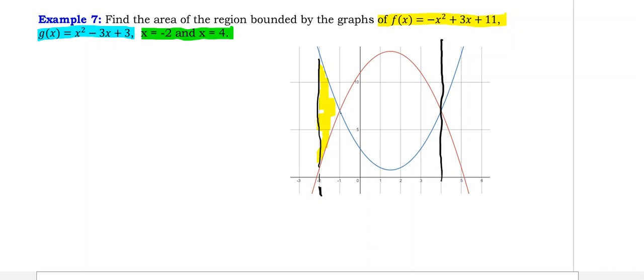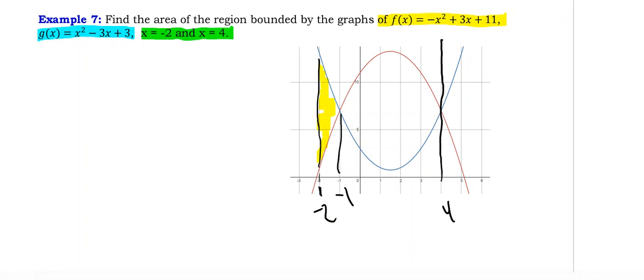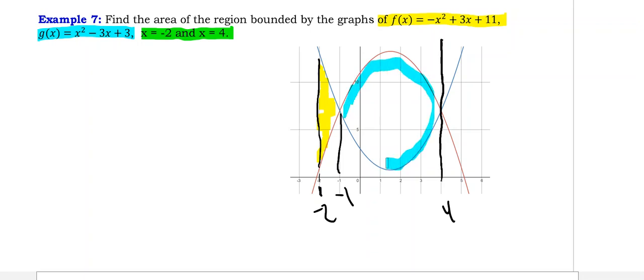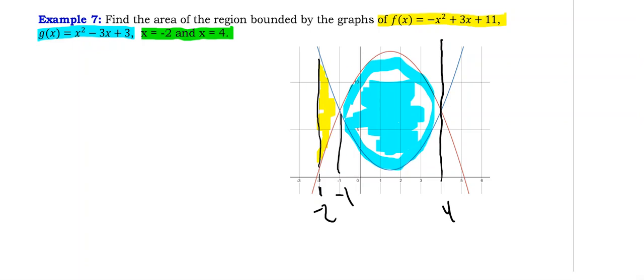So this is -1. Here we have -2, and here we have 4. And then between -1 and 4, we have this area where the downturning parabola is above the upturning parabola. So they switch at -1. So again, we have two areas, this small yellow area A and the blue area B.